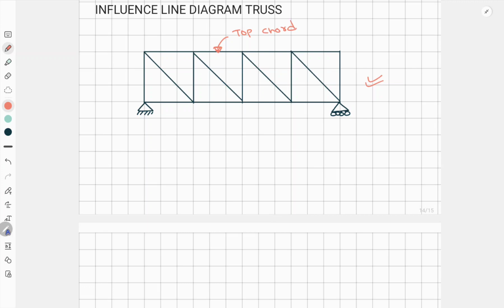in case of the truss, and this is known as the lower chord, and this vertical line is known as the vertical member, and this line is known as the diagonal member.